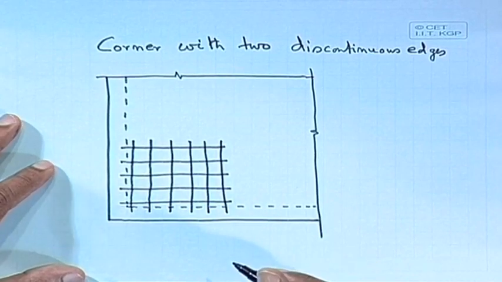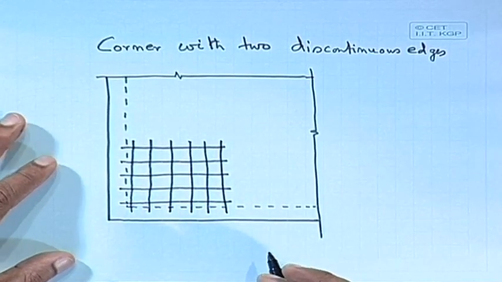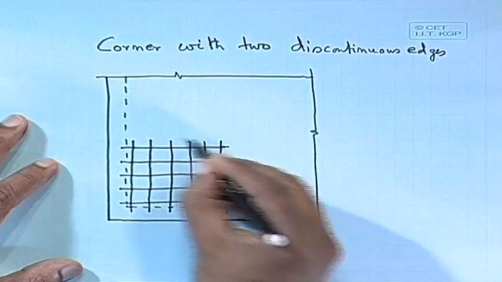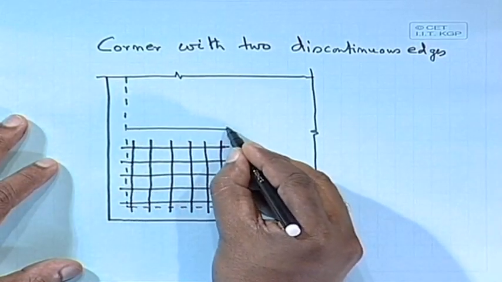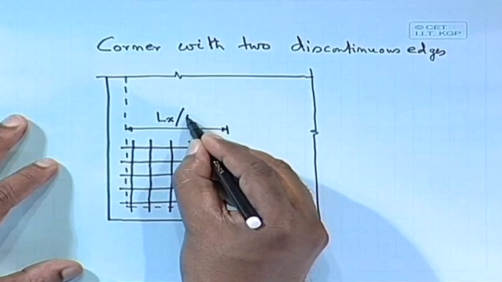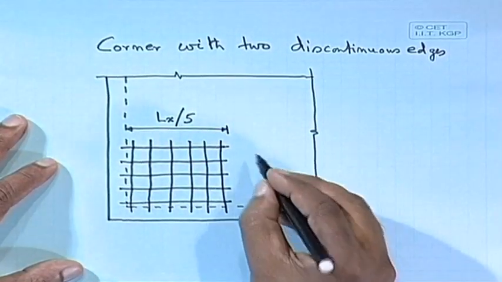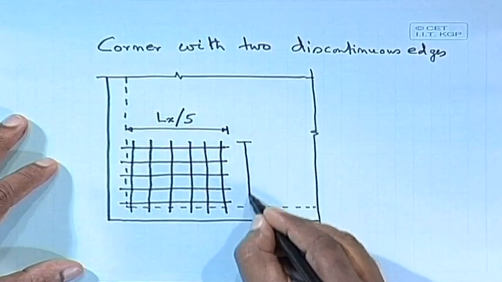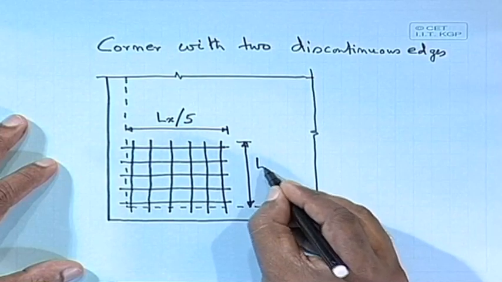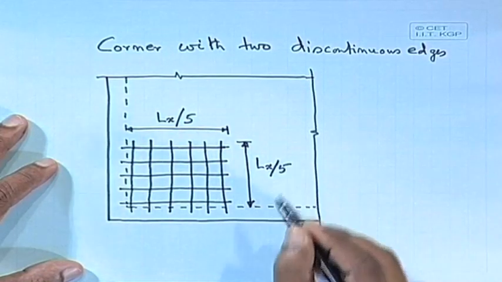So, if we have this corner reinforcement, what about the length? This length will be equal to Lx by 5, and the other one also, from the end of the support face, is Lx by 5.